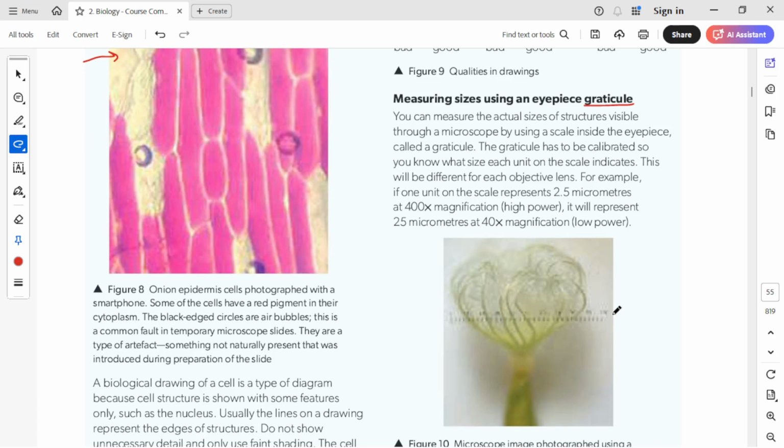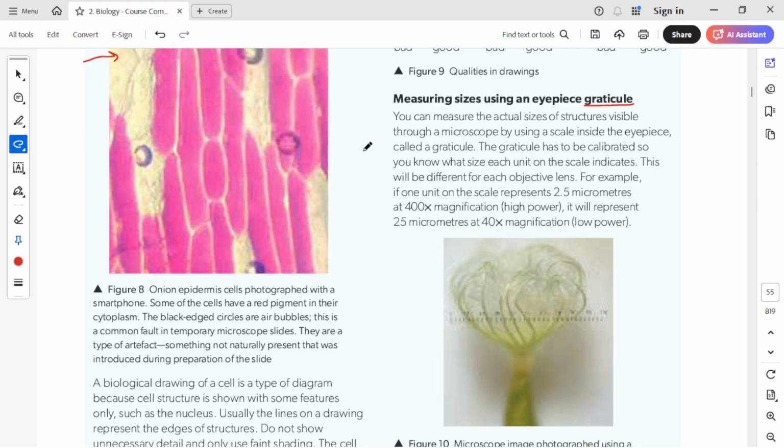So whenever you are taking the picture, you will see the exact size of this particular image or the object that is kept here, so that you can find out how much it has been magnified, what was its actual size, and what size you are now seeing. So how many times magnification has been done here.